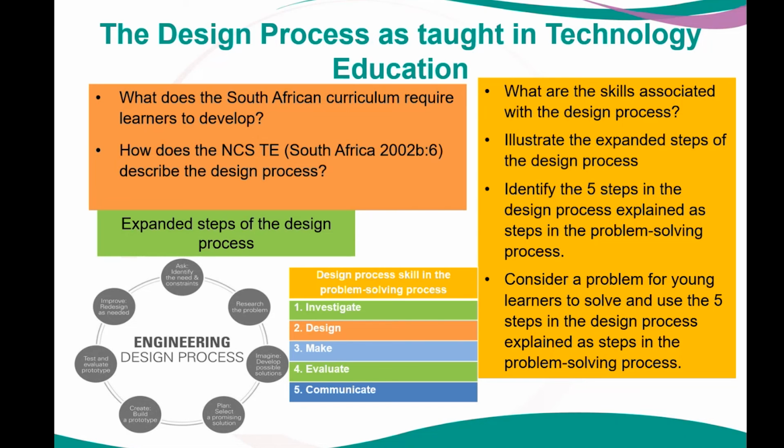It basically goes through each step: investigate, design, make, evaluate, communicate, in such detail that it gives you not only the problem solving steps, but also an explanation of the problem solving steps as well as an explanation of the design process step. So in that way, you're able to incorporate the two, and apply it well to different topics that can come up in your assessment as well as your exam.